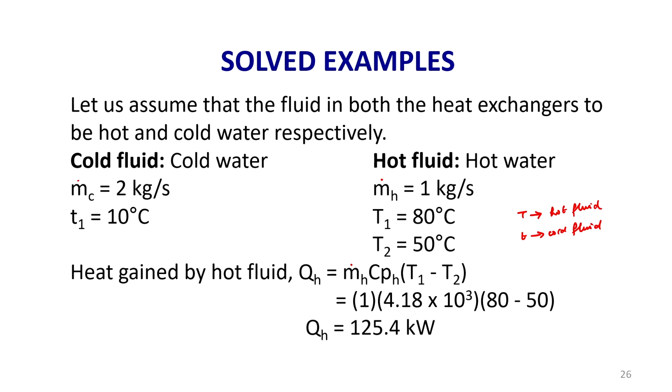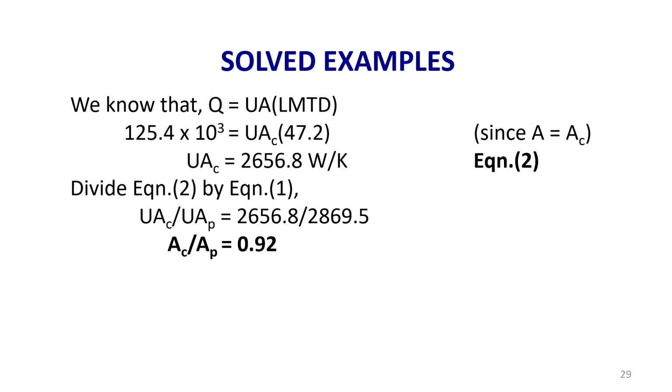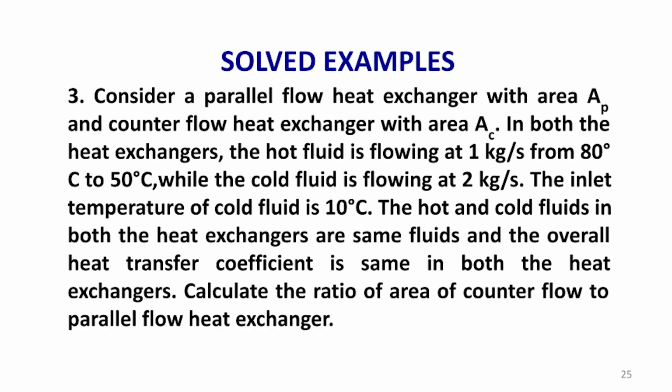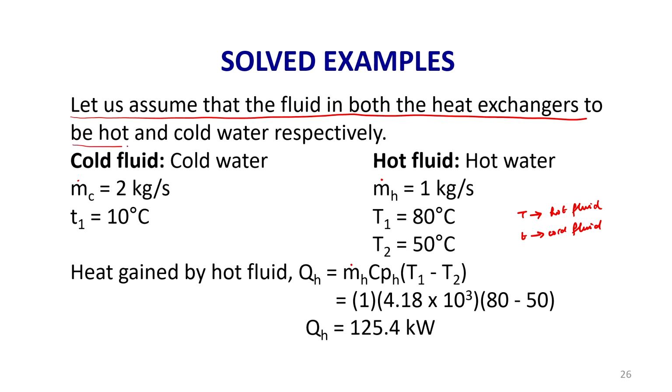First, let me write the given data completely. This is 2 kg per second, and small t1, the inlet temperature of the cold fluid, is given. We do not know small t2. Capital T1 and T2 are known, small t1 is given, small t2 is not given, but we know the mass flow rate. We do not know what the fluid is, so let us assume that the fluids in both the heat exchangers are hot and cold water respectively.